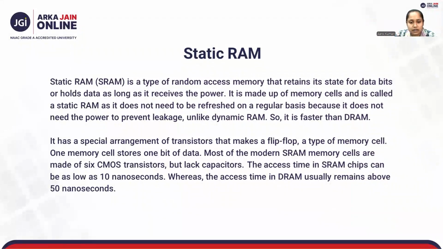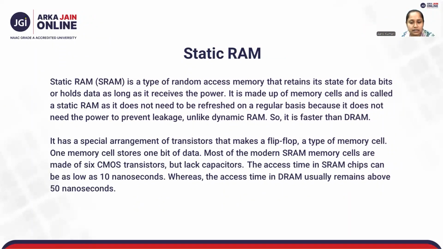It has a special arrangement of transistors that makes a flip-flop, a type of memory cell. One memory cell stores one bit of data. Most modern SRAM memory cells are made of 6 CMOS transistors but lack capacitors. The access time in SRAM chips can be as low as 10 nanoseconds, whereas the access time in DRAM usually remains above 50 nanoseconds.